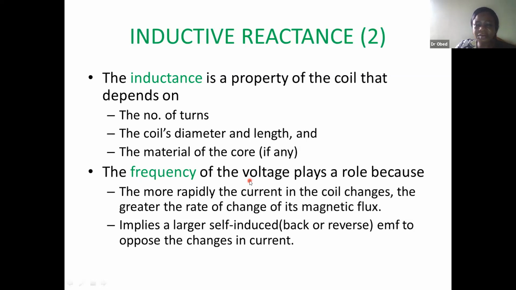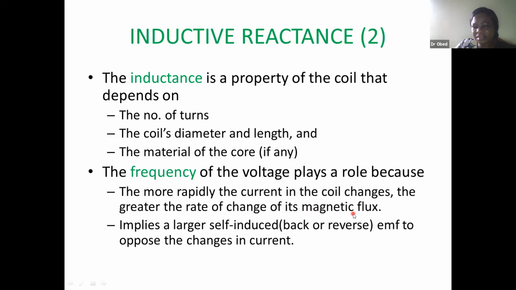The frequency of the voltage plays a role because the more rapidly the current in the coil changes, the greater the rate of change of its magnetic flux. I repeat, the more rapidly the current in the coil changes, the greater the rate of change of its magnetic flux.